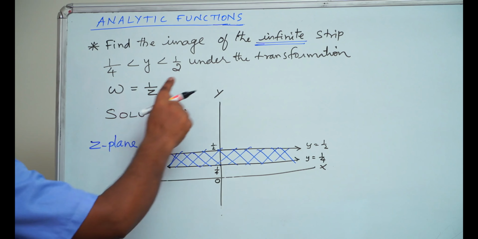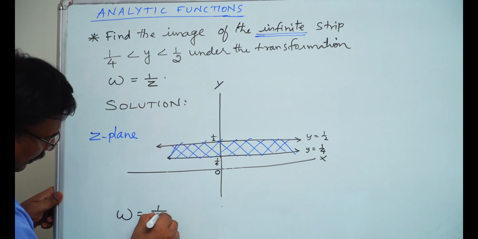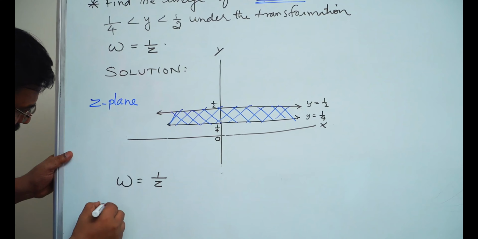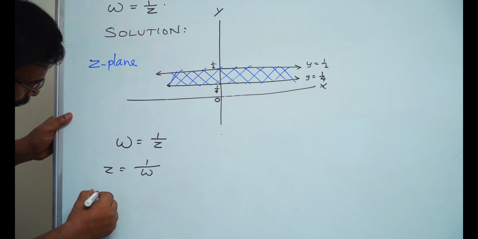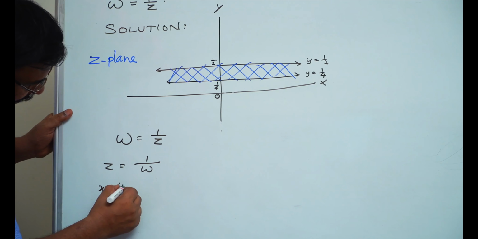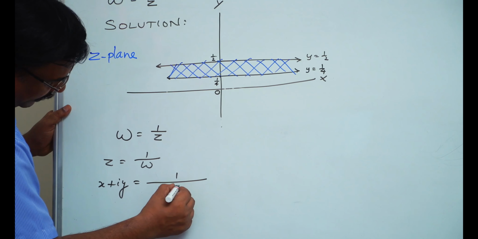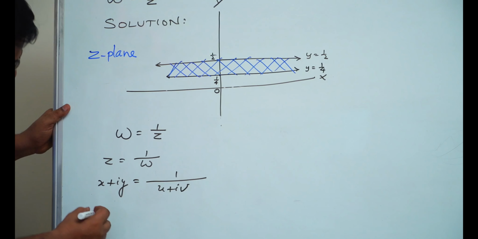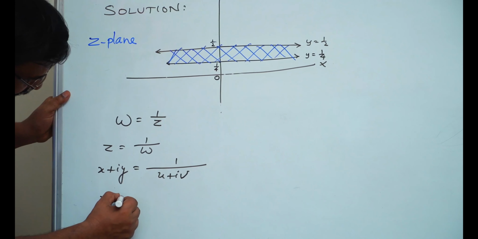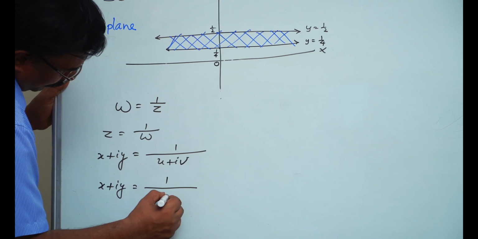The given transformation is ω = 1/z. I can bring z here, and send ω there. You know z = x + iy, and in analytic functions ω = u + iv. So we can write x + iy = 1/(u + iv).